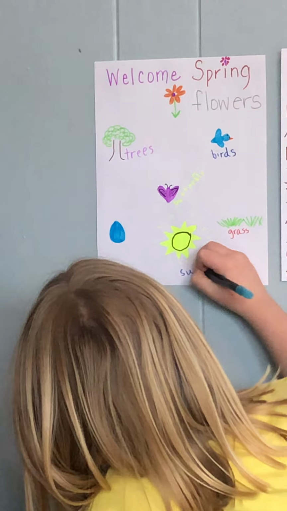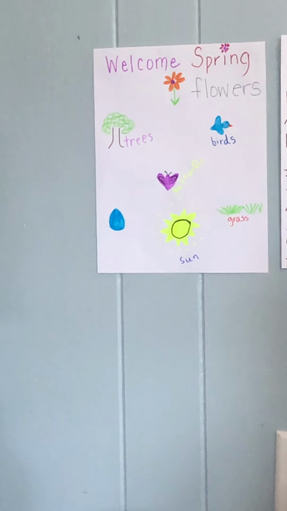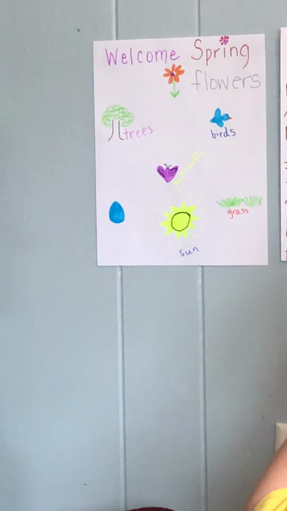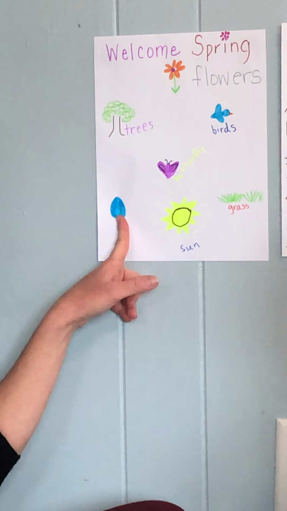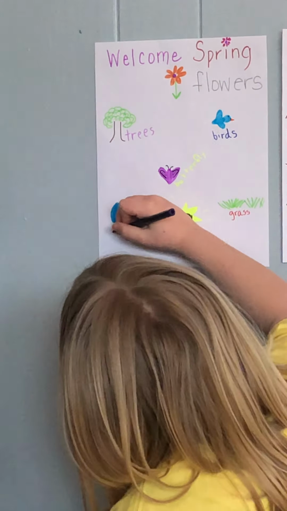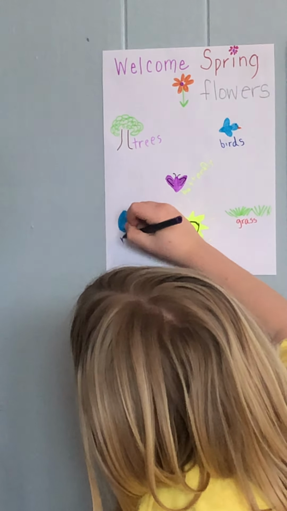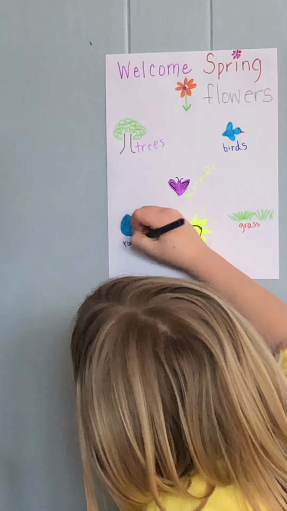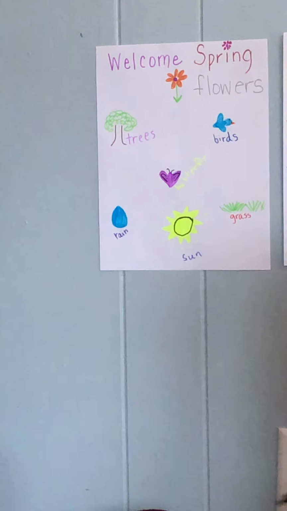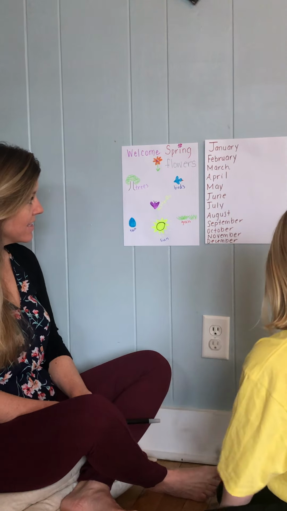And something else we might see a lot of in spring that we saw a little bit this morning is rain. And why do we need so much rain in the spring? Because of the plants. It's going to help the plants grow. So we do need the rain. Excellent. So we have a good list.